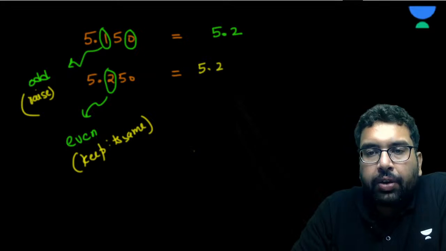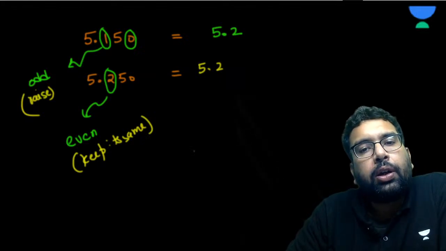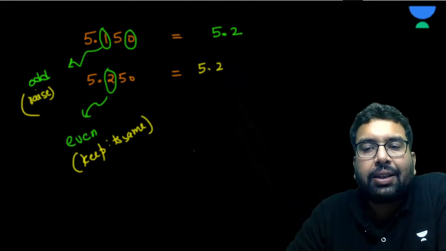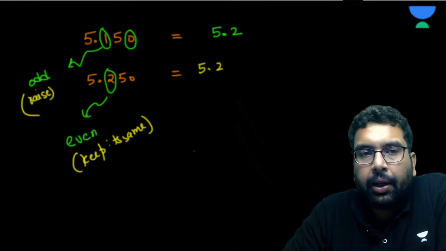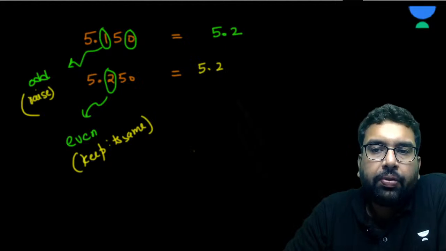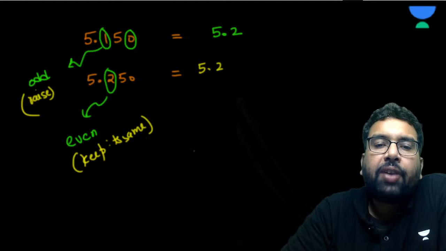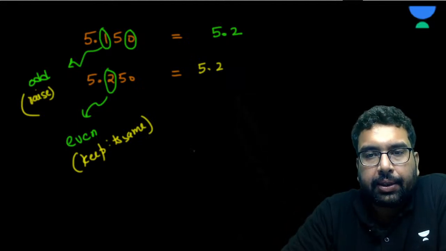So see, whenever we are rounding off, we have only two choices, either to raise that digit or to keep that digit the same. If the number is more than 5 or less than 5, then it is very simple. But if it is exactly 5, then we have to do it like this.